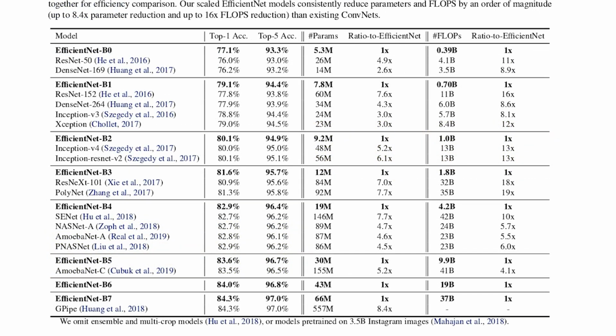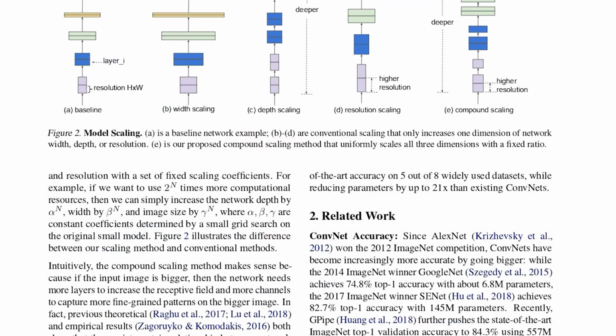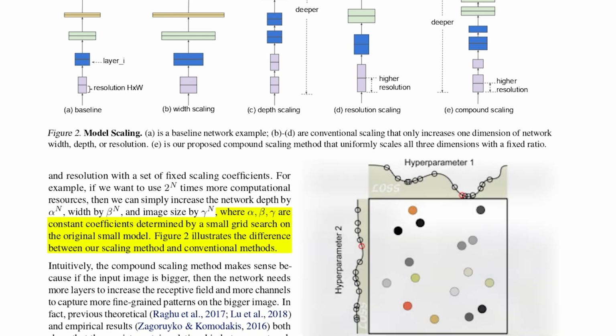EfficientNet B7, the largest variant, has 66 million parameters and achieves a top 1 accuracy of 84.3% on ImageNet, making it one of the most accurate models for image classification at that time. EfficientNet utilized a predefined compound scaling coefficient to uniformly adjust these dimensions based on a fixed ratio, and that coefficient was optimized using a simple grid search technique.